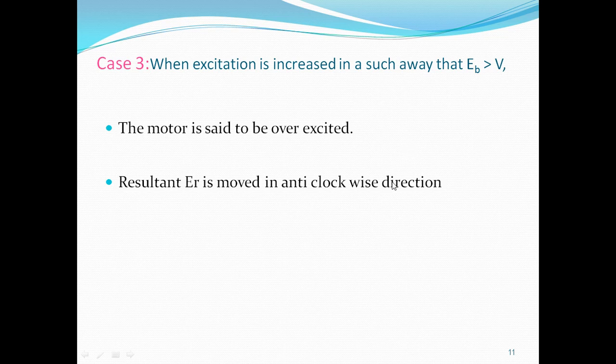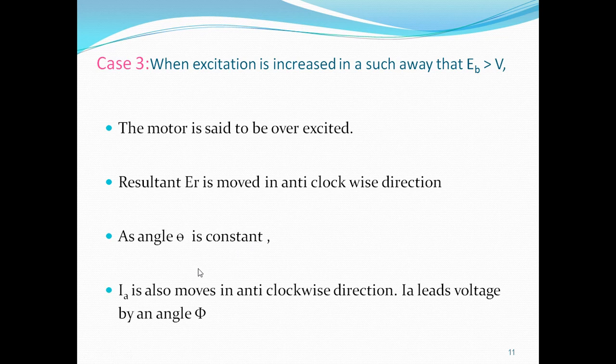When ER moves, as theta is constant, it pulls the armature current IA also, and then the motor draws leading power factor. As theta is constant, it moves current also in anti-clockwise direction, so that IA leads the supply voltage by an angle theta.